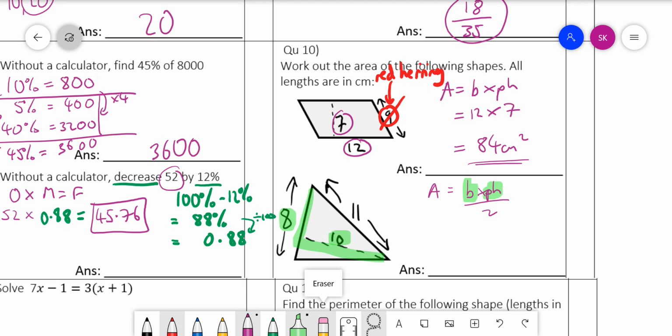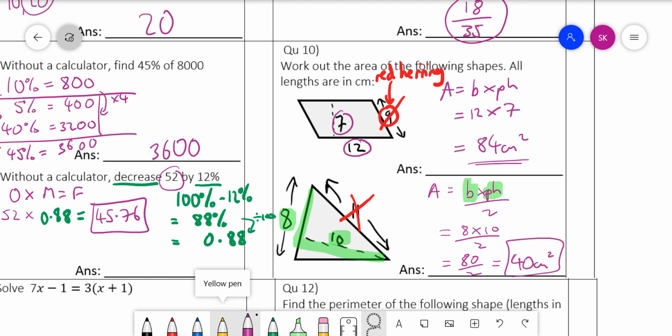The 11, that's the red herring. So we're going to do 8 times 10 divided by 2, which is 80 over 2, which is 40 centimeters squared. Again, make sure you made any purple pen notes that you need to. Pause the video if you need to do that. Press play when you're ready for number 11.